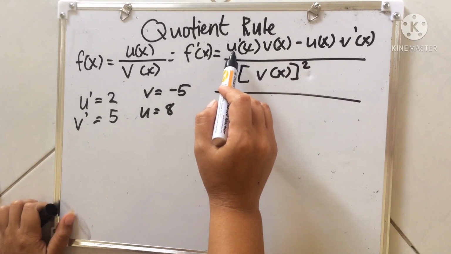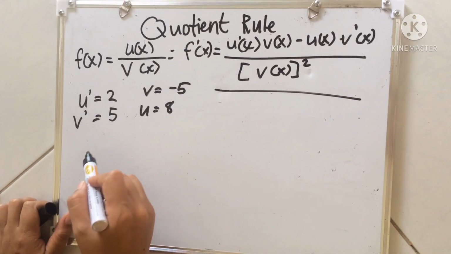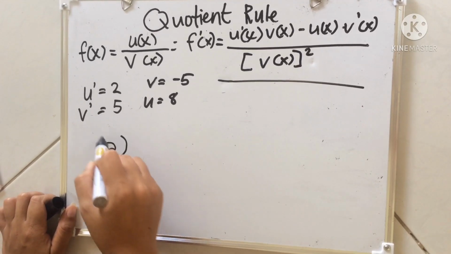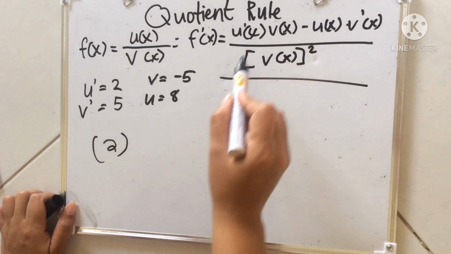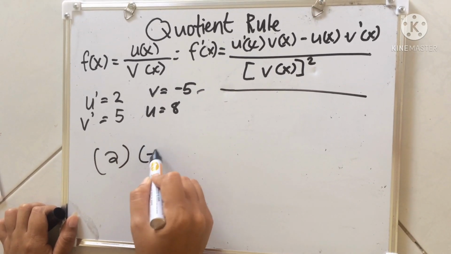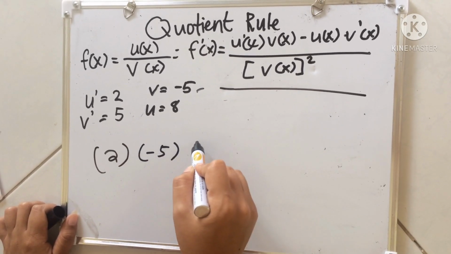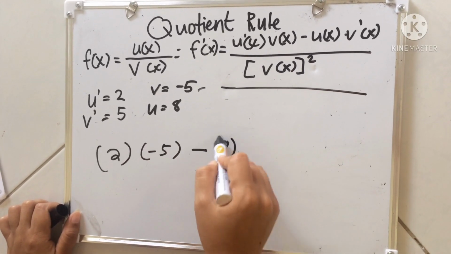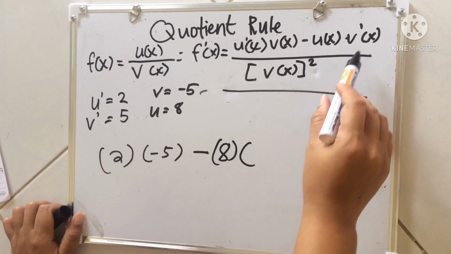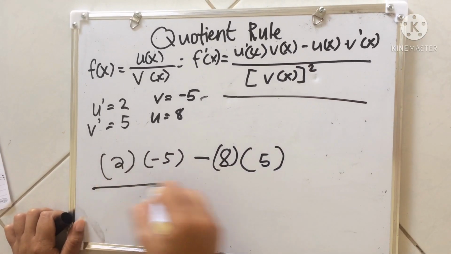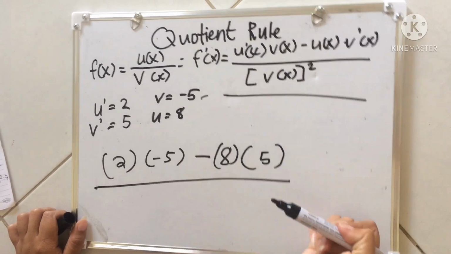So u prime of x is equal to 2. 2 times the v of x, which is negative 5, minus u of x, which is 8, times v prime of x, which is 5, over v of x squared.